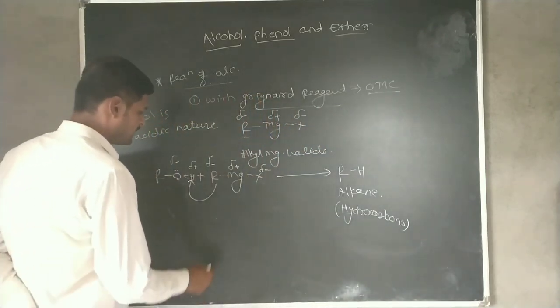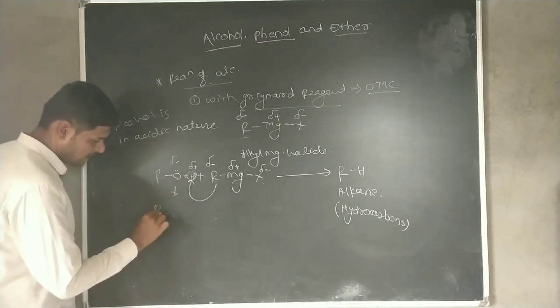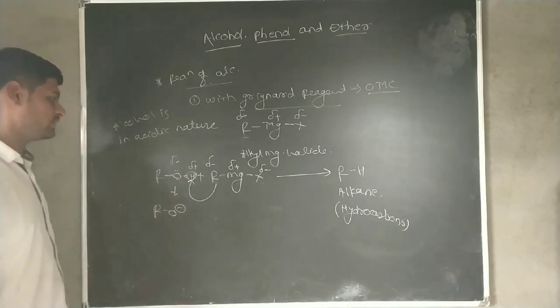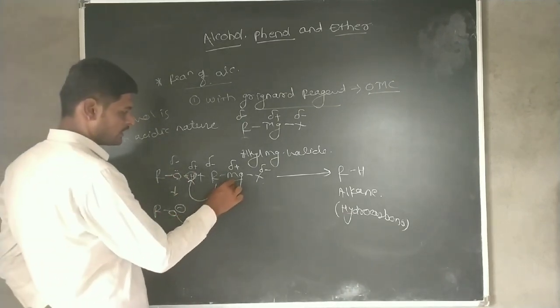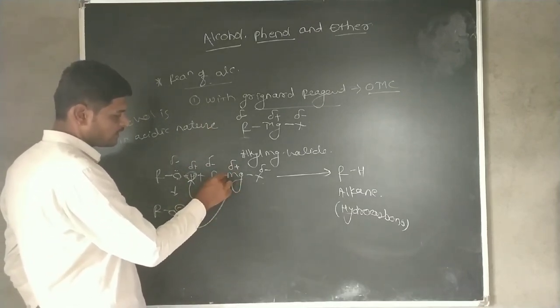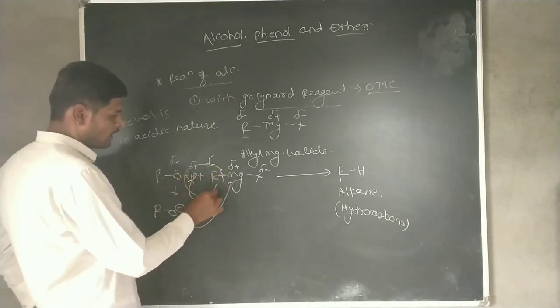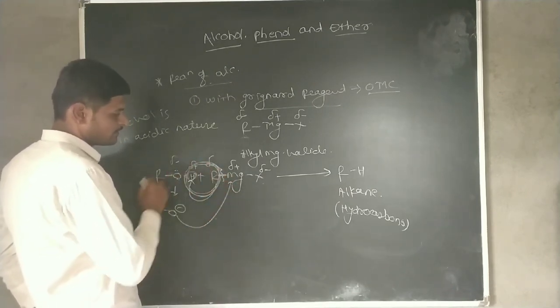The remaining part, after elimination of H plus ion, is RO minus, an alkoxide ion. This alkoxide ion again attacks the electron deficient magnesium atom, because the bond between alkyl group and magnesium breaks down, and the alkyl group combines with the hydrogen atom, forming alkane.